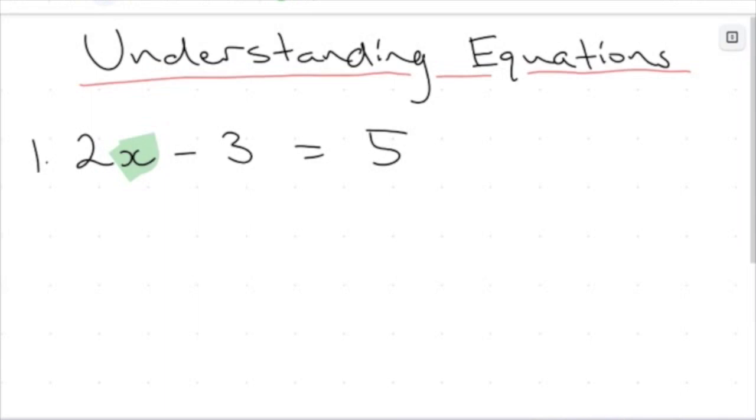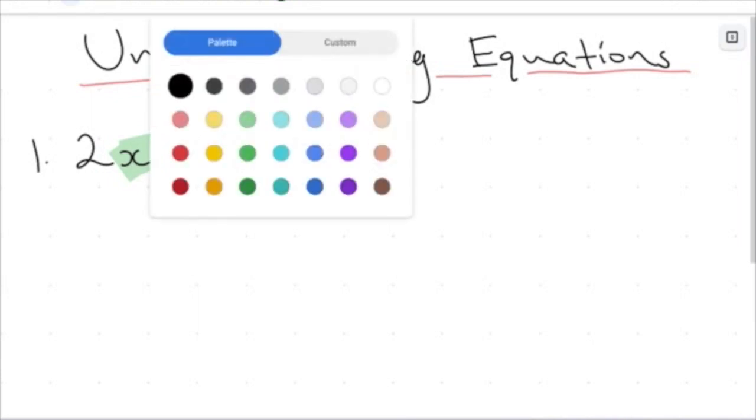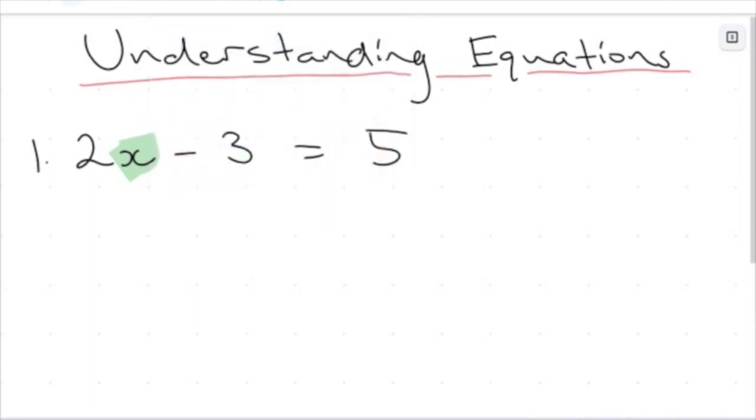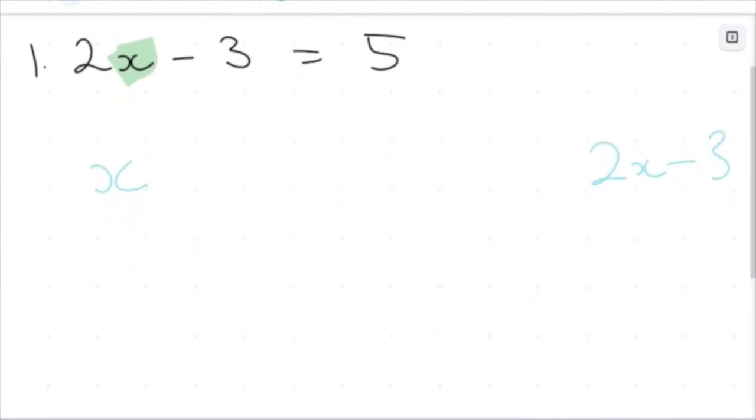Now, in essence, solving equations is really all about peeling back the layers to get to our unknown, to get to our x. So just to have a closer look at this, getting our x from x to 2x minus 3, we just want to see what we actually did to get from the left to the right here.